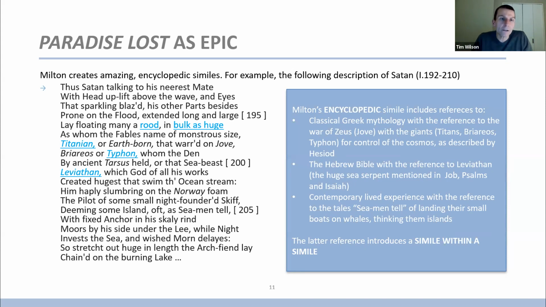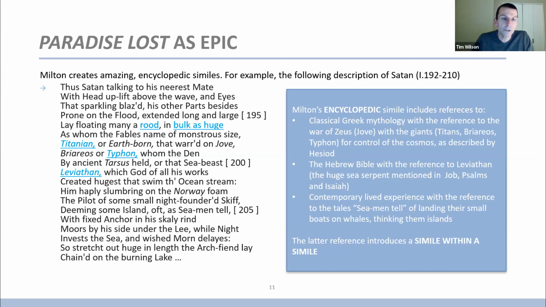Thus Satan, talking to his nearest mate, with head uplift above the wave, and eyes that sparkling blazed, his other parts besides, prone on the flood, extended long and large, lay floating many a rood, in bulk as huge as whom the fables name of monstrous size, Titanian or earthborn that warred on Jove, Briareos or Typhon, whom the den by ancient Tarsus held, or that sea beast Leviathan, which God of all his works created hugest that swim the ocean stream, him haply slumbering on the Norway foam, the pilot of some small night-foundered skiff, deeming some island oft, as seamen tell, with fixed anchor in his scaly rind, moors by his side under the lee, while night invests the sea and wished morn delays.